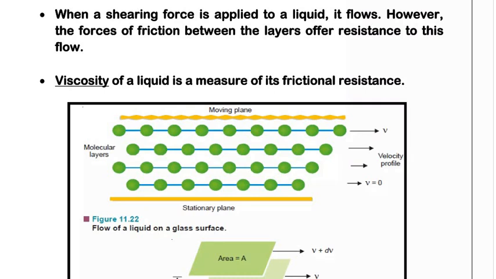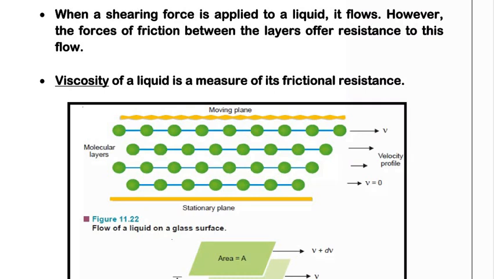Resistance is also a very important word. Resistance to this flow. Now you can understand this pictorial diagram. With the help of this, you make your concept about viscosity. Viscosity of a liquid is a measure of its frictional resistance. Focus on this frictional resistance.